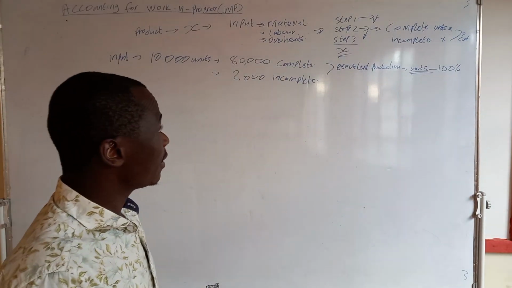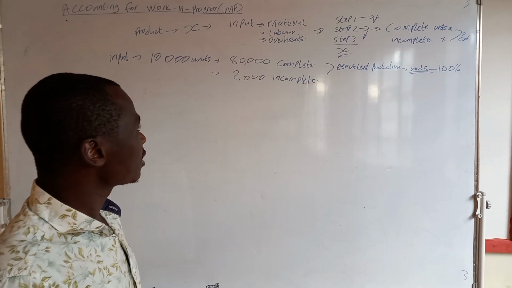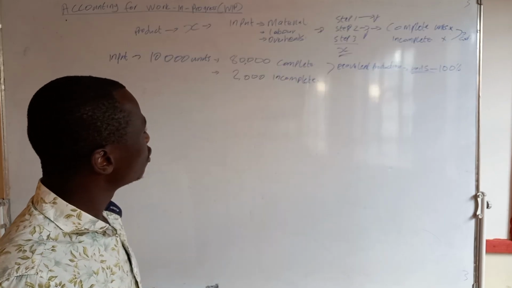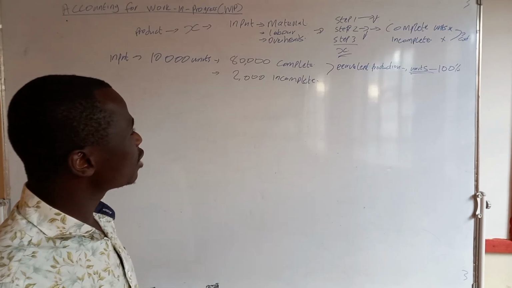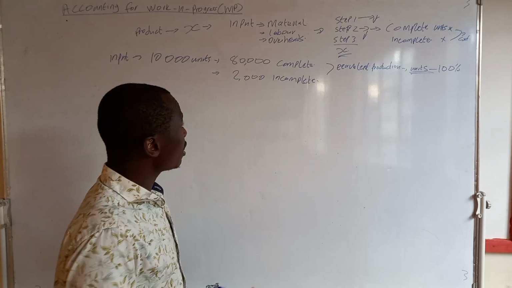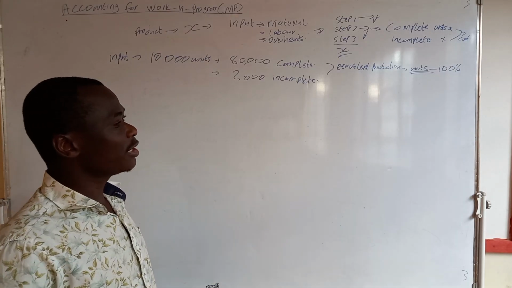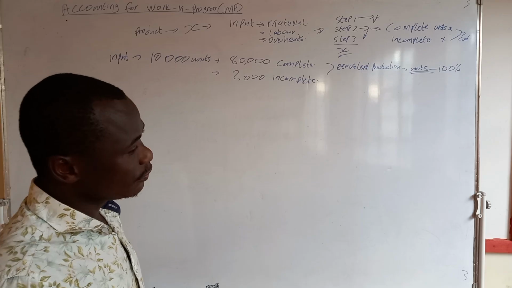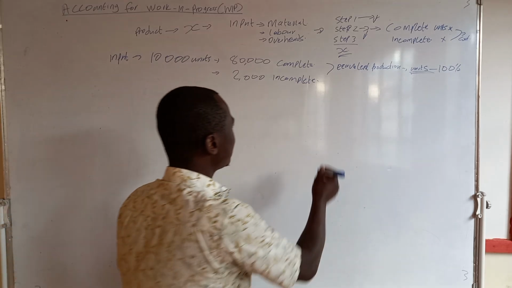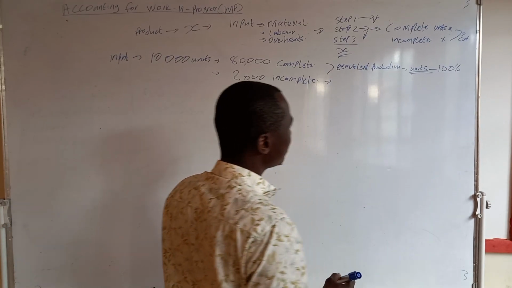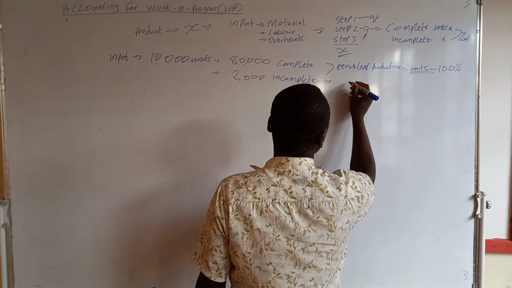They are 8,000. And then there are these 2,000 which are not completed yet, but they have consumed materials, labor, and overheads. So you are going to give them a percentage. Let's say they are 60% complete.